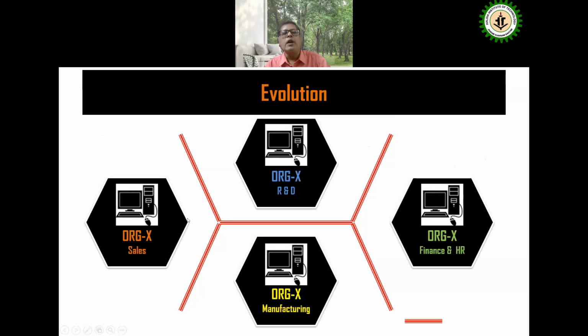So whenever the interconnectivity is concerned, they need to connect in a common platform, because each of the entities needs collaboration or coordination among themselves whenever it is concerned with manufacturing and distribution of goods and services.